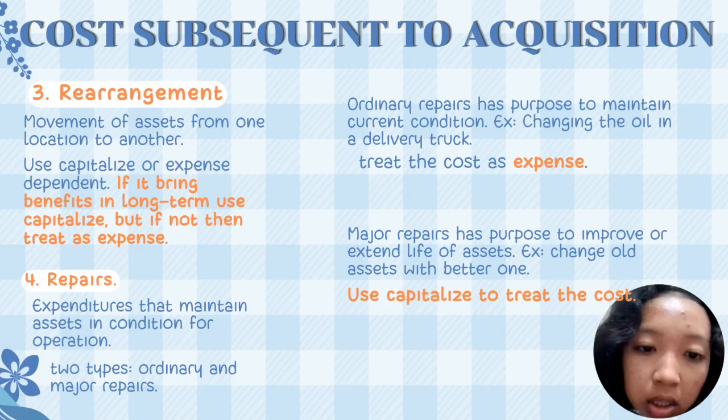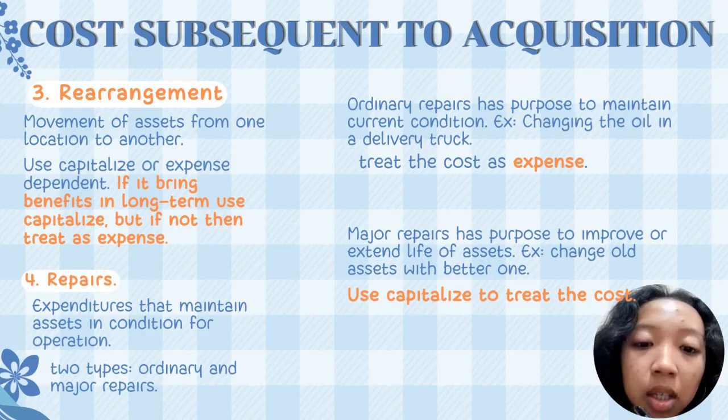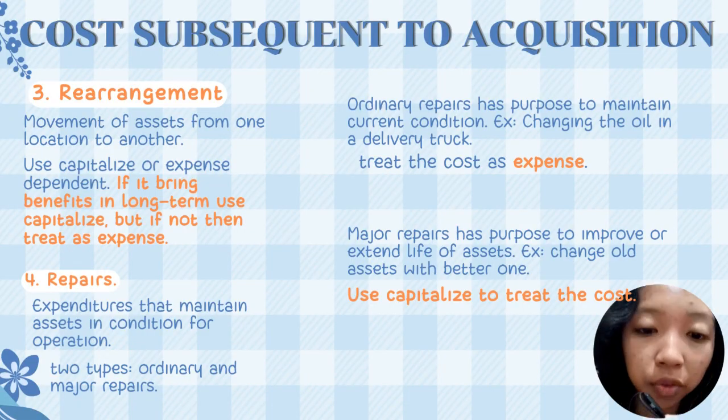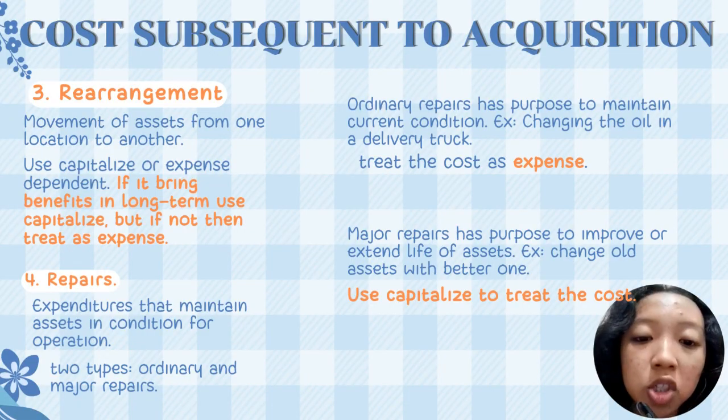An example is changing the oil in the delivery truck, and we treat ordinary repair as expense. Meanwhile, major repairs have the purpose of improving or extending the life of the asset. An example is changing an old asset with a better one. We treat major repair as capitalized.